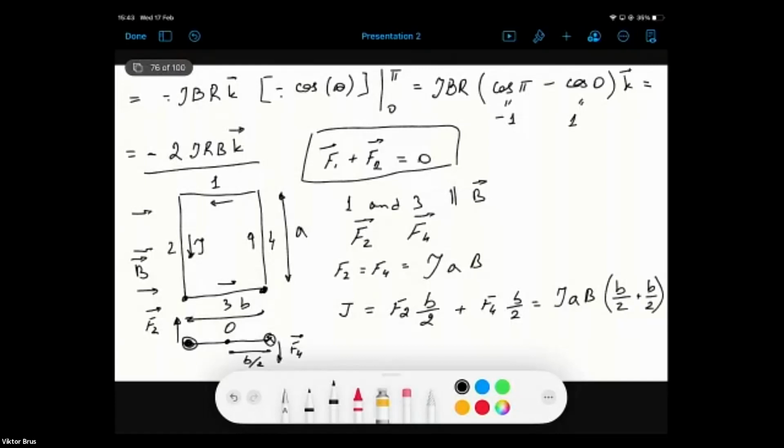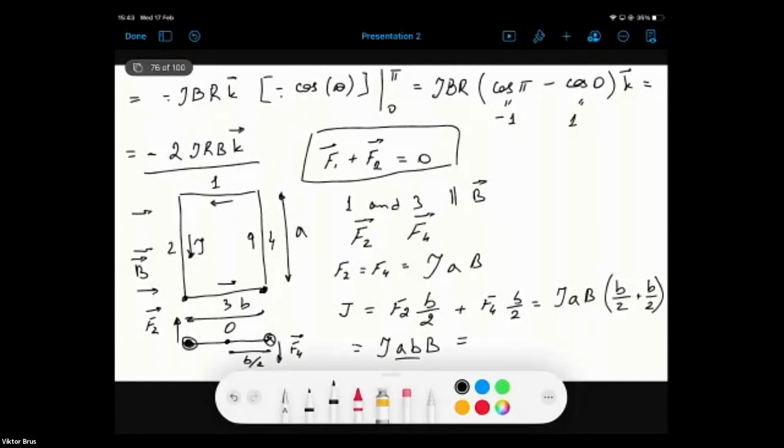And eventually we get I times a times B, and this is nothing else than the area of this loop.